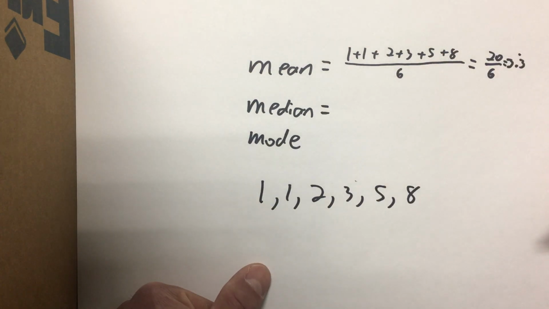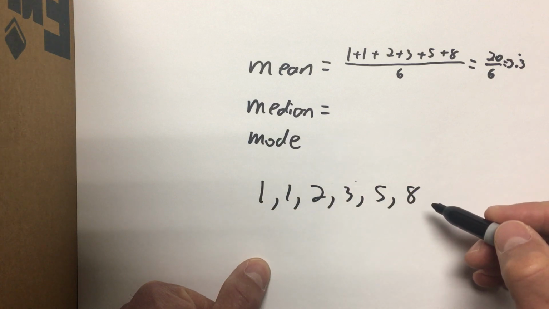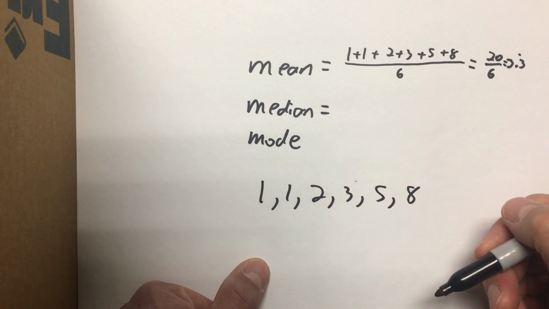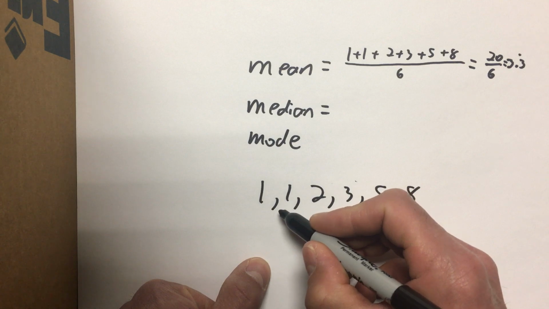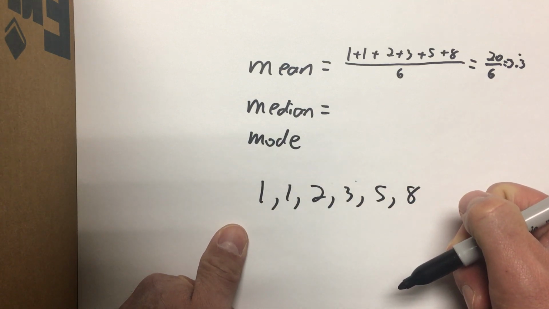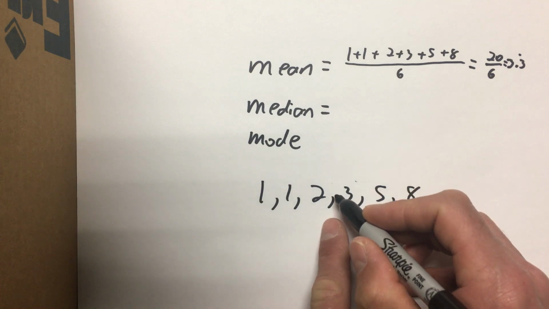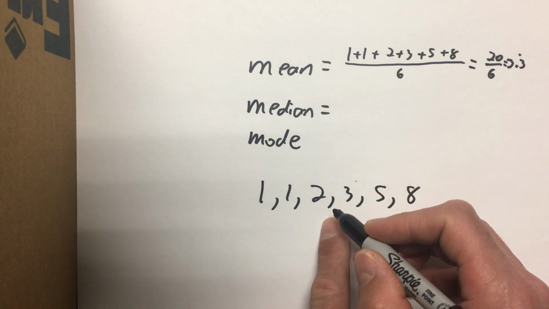The median is what you get when you put all of the numbers in order and select the middle number. These numbers are already in order, but notice I have 6 of them, which means I have an even number of numbers. So there's no middle number to select.